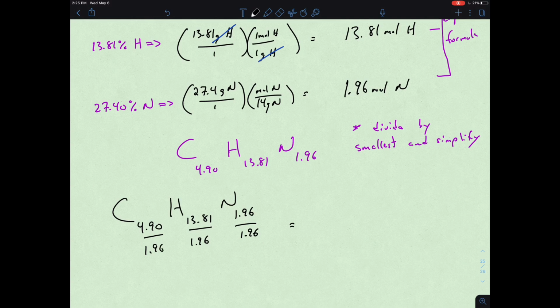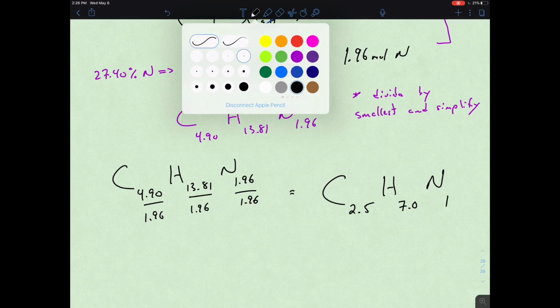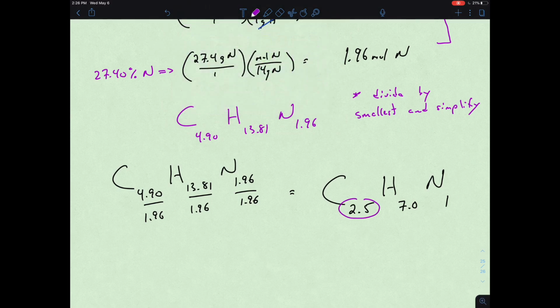And if we do that, we end up with carbon at 2.5, hydrogen at 7.0, and nitrogen at 1. We can't leave a fraction, so you've got to get rid of it.